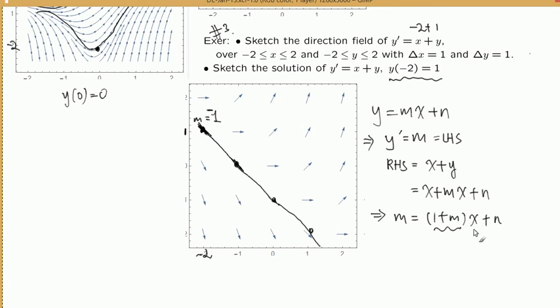If it is -1, x disappears and it becomes a constant function, right? So we have a function y equals -x plus n, and then it must satisfy this one there.